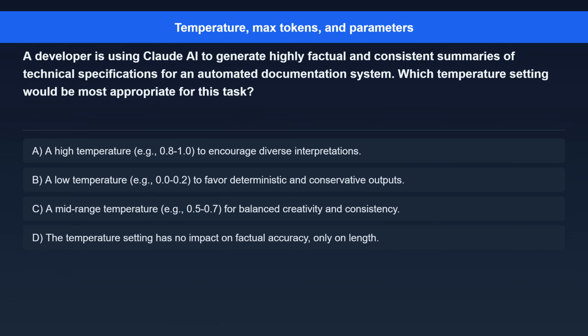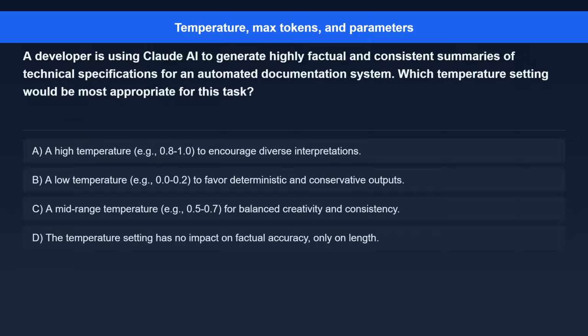Question 7. A developer is using Claude AI to generate highly factual and consistent summaries of technical specifications for an automated documentation system. Which temperature setting would be most appropriate for this task? Option A. A high temperature, e.g., 0.8 to 1.0, to encourage diverse interpretations.